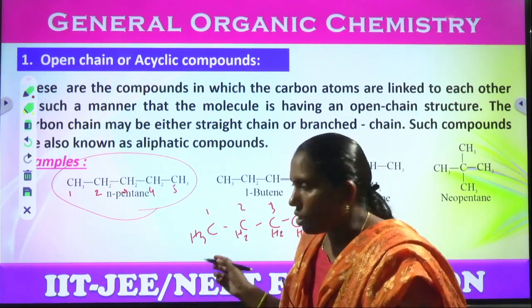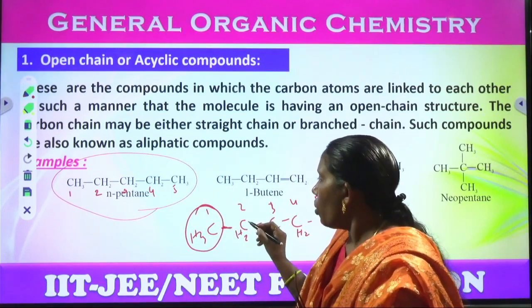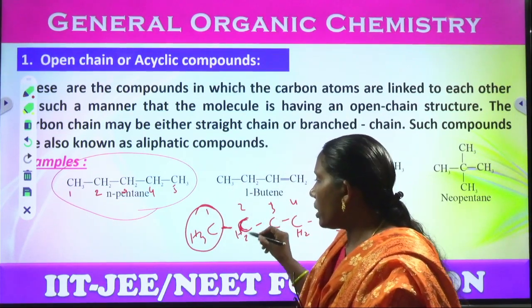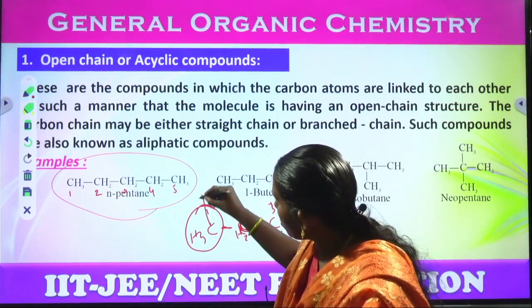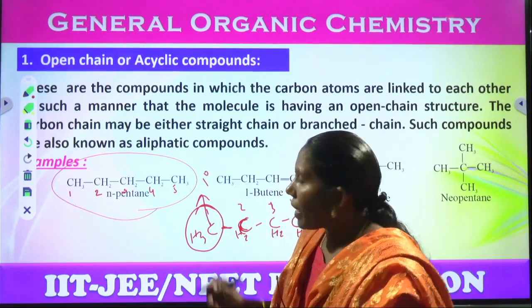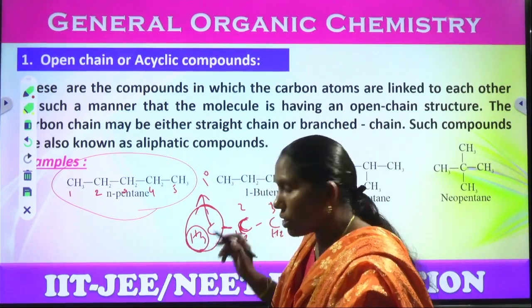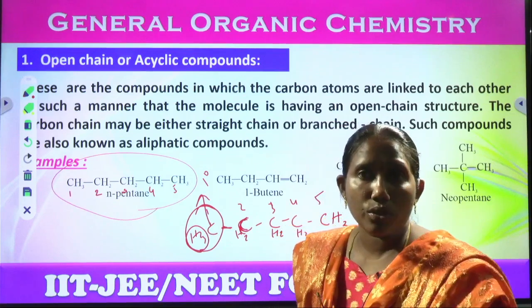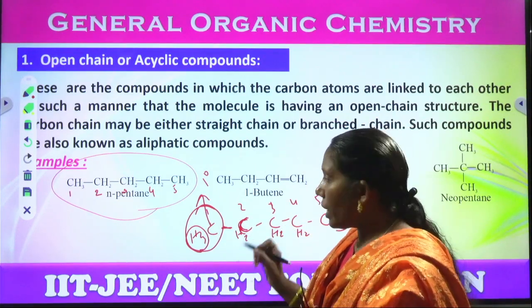Come to the first carbon. This first carbon is attached to only one carbon, the second carbon. Then this carbon is said to be primary. And these 3 hydrogens are said to be primary hydrogens because those are attached to a primary carbon. Comes to the second carbon.